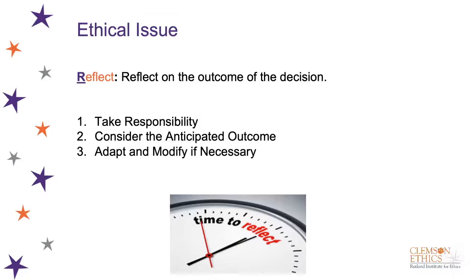The main outcome will be that Mrs. Jackson will get information from the parents to clarify the issue and act appropriately with the new information. Here, we do not need to adapt or modify because the decision has passed the ethical tests. I hope this gives you a better understanding of the STAR model and how to use it when ethical decisions need to be made during a complicated dilemma.